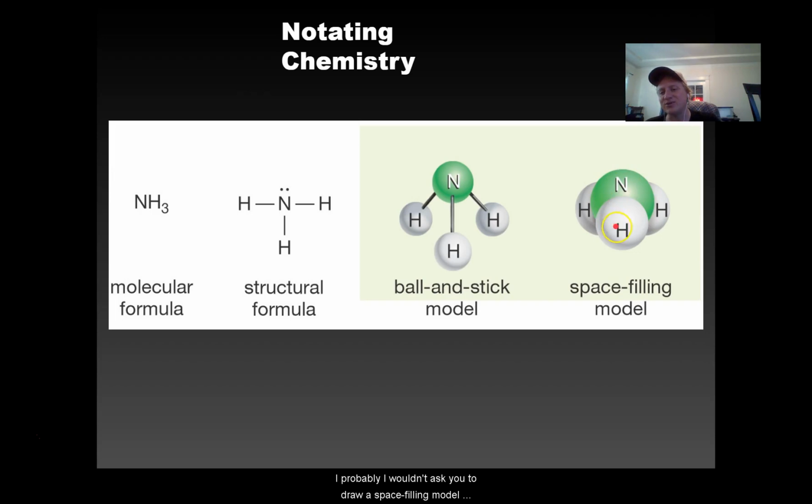I wouldn't ask you to draw a space-filling model. I might not ask you to draw a ball and stick model either. You may be asked to understand how these structural formulas work. And you're definitely going to want to know molecular formulas because they're obvious. I mean, NH3 means 1 nitrogen, 3 hydrogens.